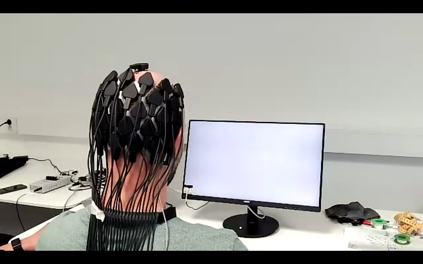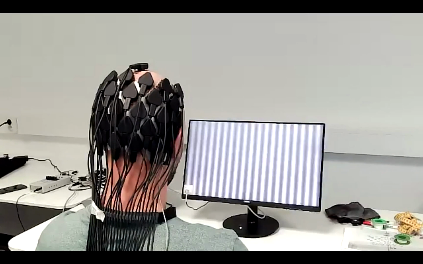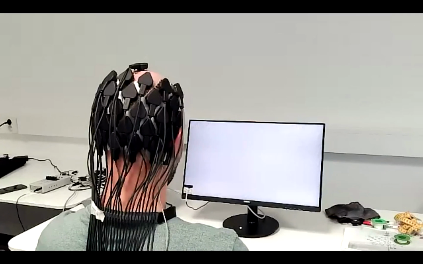Here we have the trigger photo sensor that we feed back to the g.HIAMP. You can see it on your screen exactly there. So I'll just share again and let Patrick do the run. This is one of the experiments we do with this visual setup, and we could nicely classify these different setups of spatial frequency and orientation of the bars, and the different colors that we have.